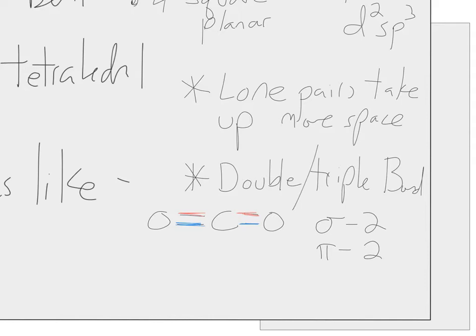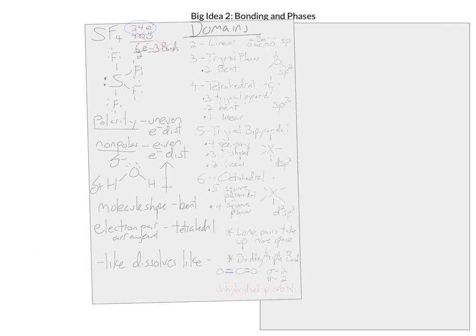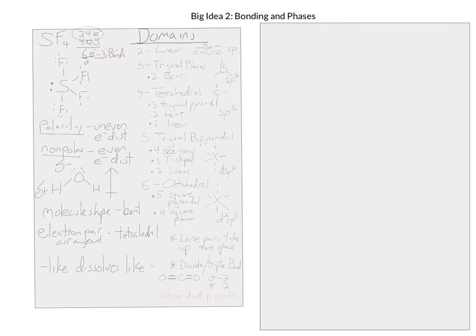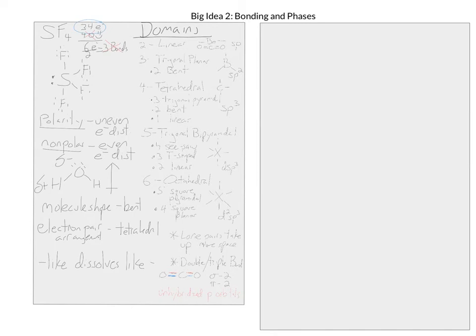And the pi bonds come from, this is really important, the unhybridized, extra leftover p orbitals. So there's kind of an overview of polarity and some of our shapes that we need to work with.